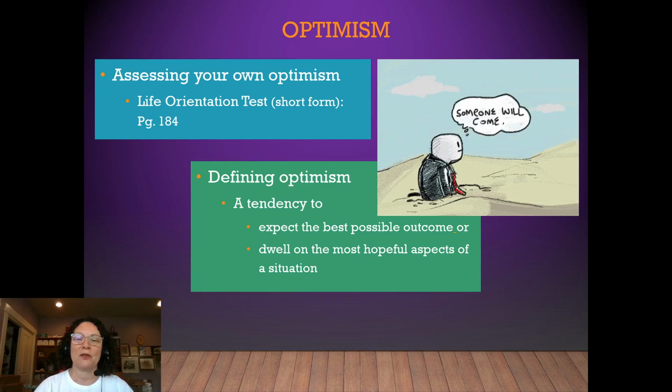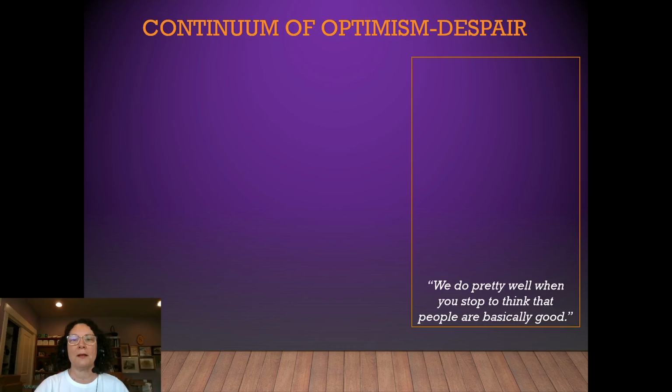So the premise is that that would be a person's tendency in general, not just in a specific situation, but in general, to have that sort of optimistic outlook that good things will probably happen in the long run, and that if something negative happens, there is still hope in that circumstance.